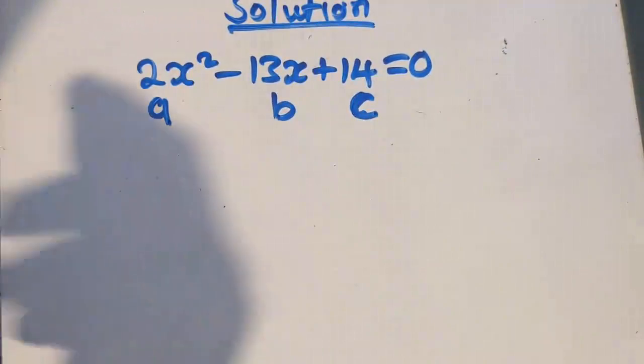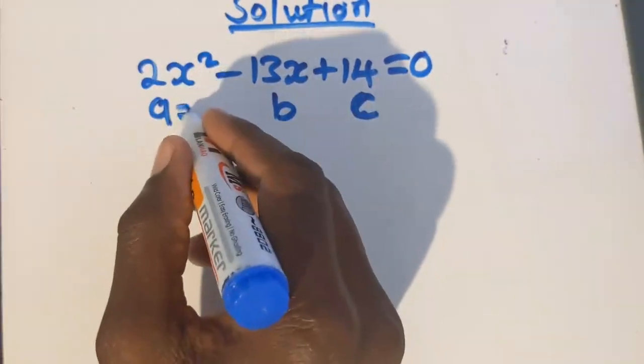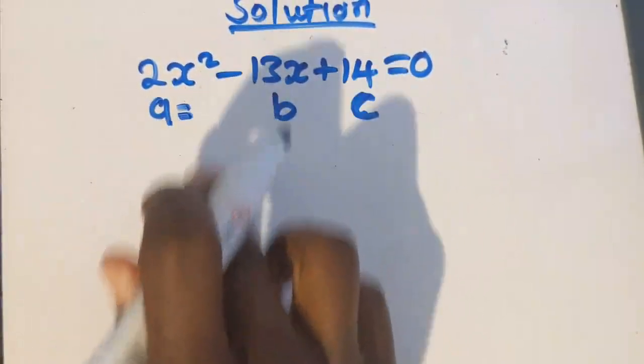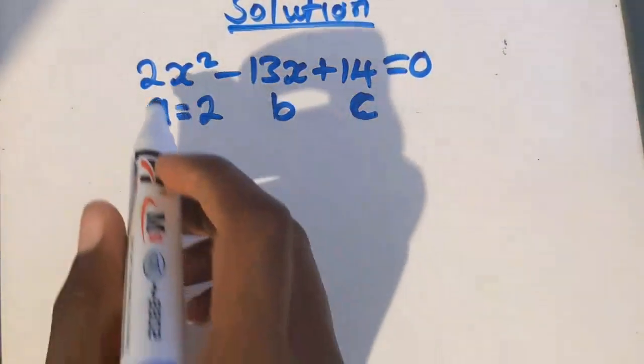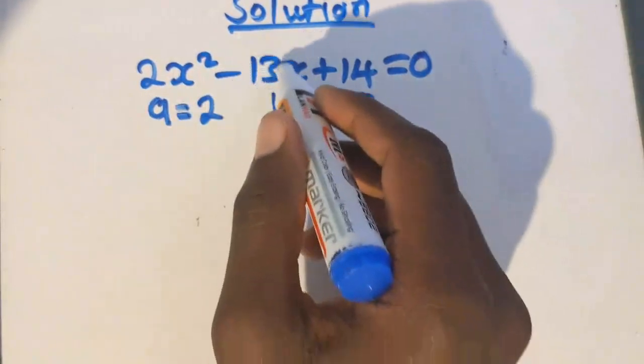So a is equal to 2. You just get the coefficient. Then b is negative 13.